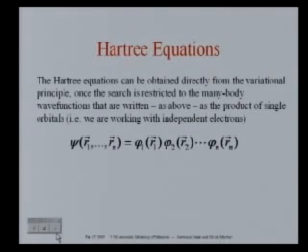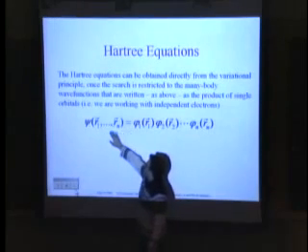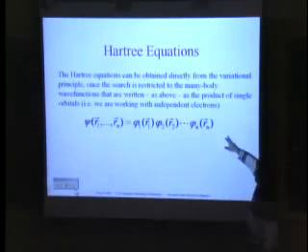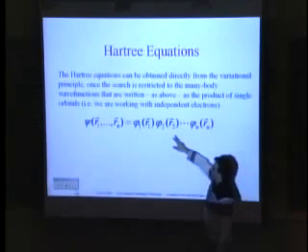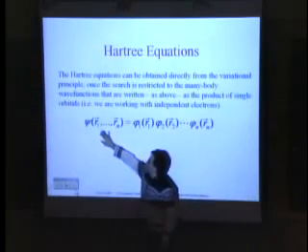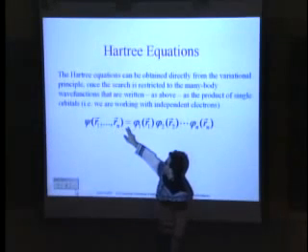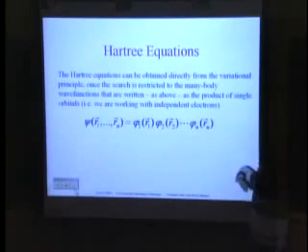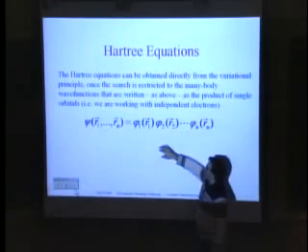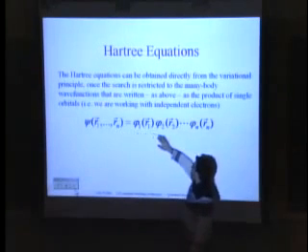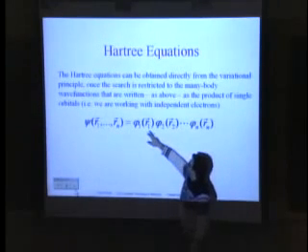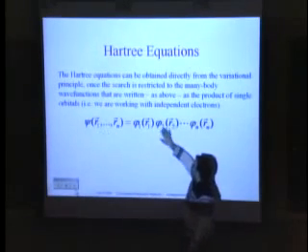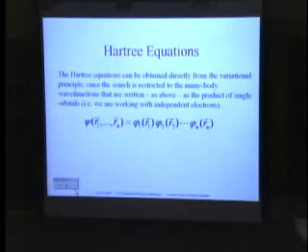What is written here is the most generic wave function, and one can make what turns out to be a fairly severe approximation. That is, we can say that this many-body wave function can be written as a product of single particle orbitals. So you see what's happening when we make this hypothesis is that varying R1 will change the amplitude of the wave function independently from what happens to R2 and Rn.